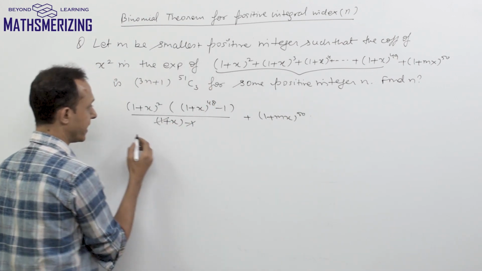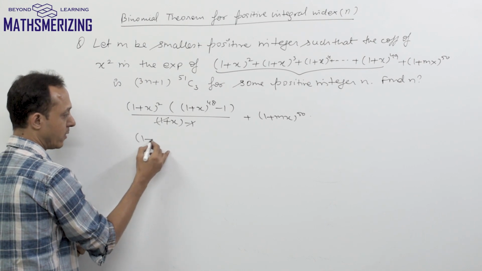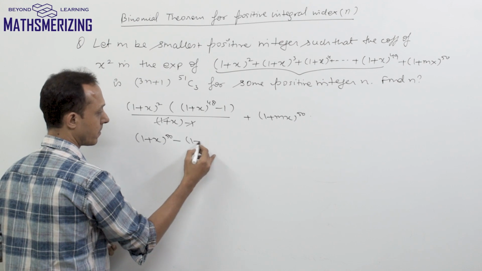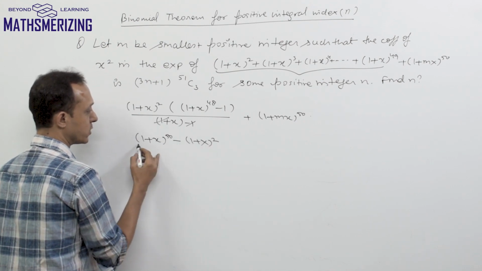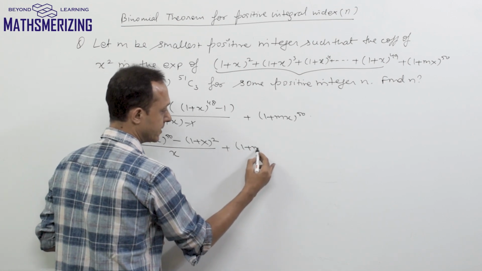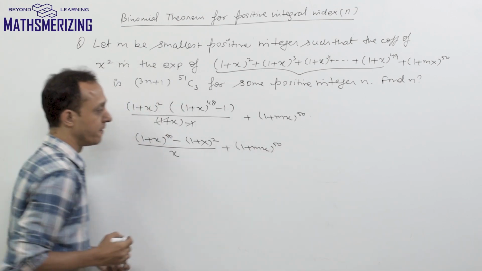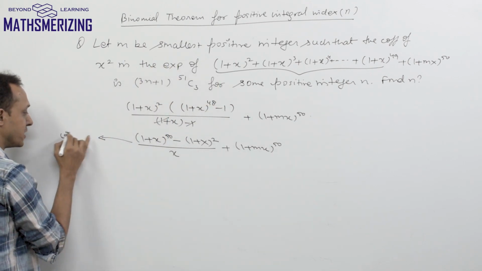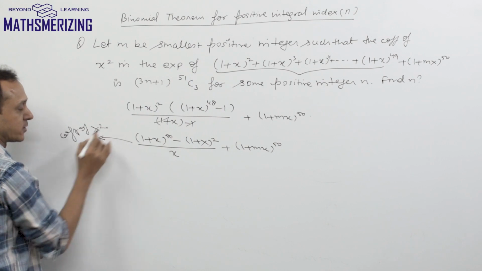I'll multiply (1 plus x)^2. So I'll write ((1 plus x)^50 minus (1 plus x)^2) upon x plus (1 plus mx)^50. And from this expansion, I need to find the coefficient of x^2.